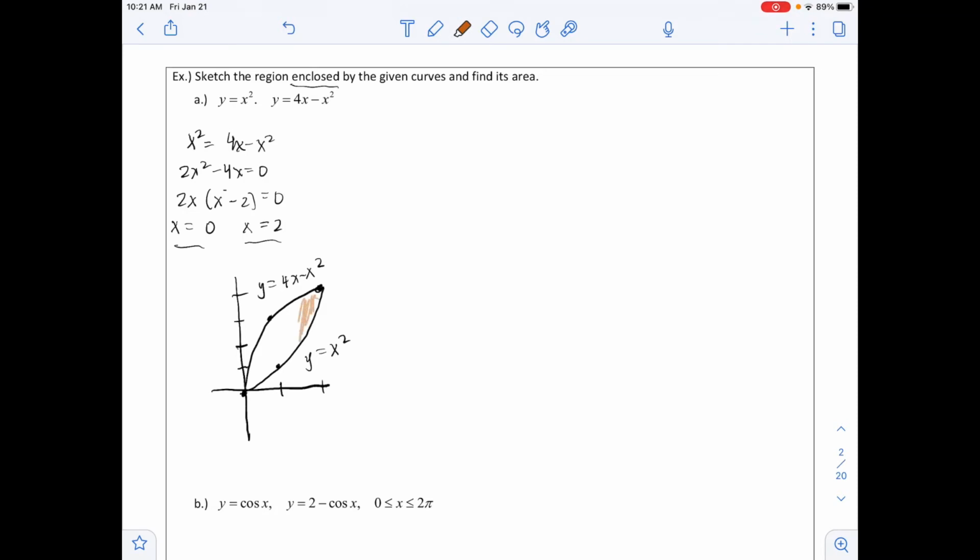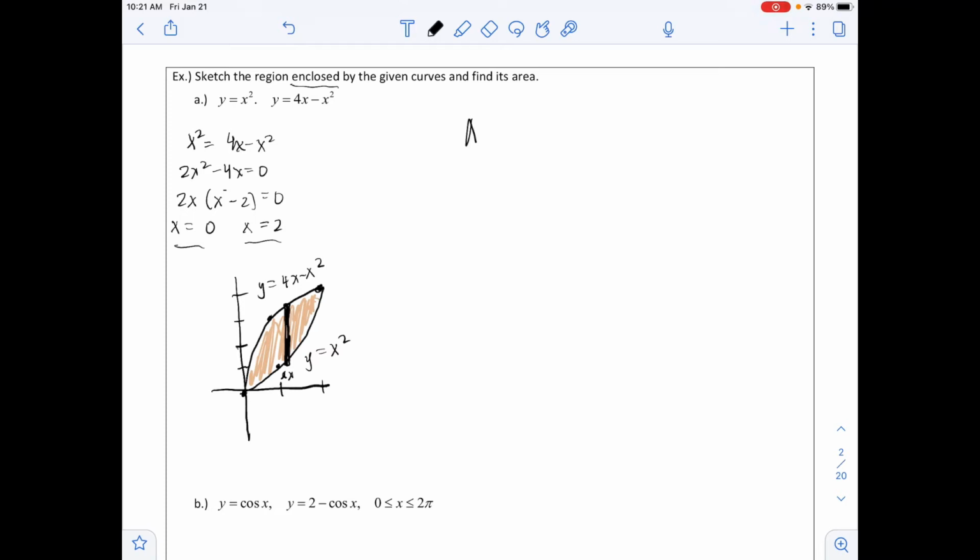So again, we're looking for this region that is enclosed by these two curves. And drawing our approximating rectangle on here, you can again see that that width would have a delta x, so we are integrating with respect to x.